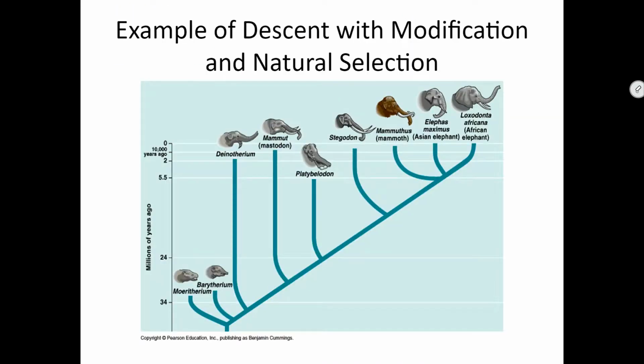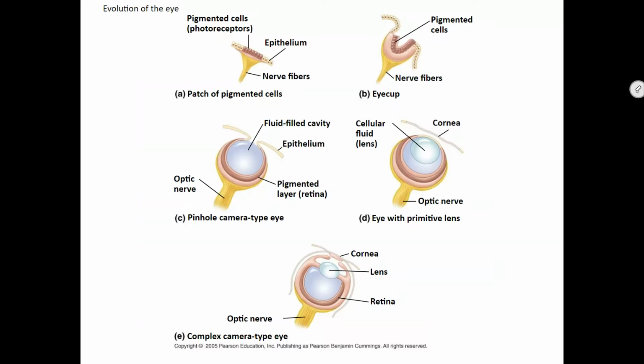All right. And so, real quick, talking about descent with modification, we need to deal with a specific part, and that has to do with the evolution of the eye, which is typically used as a way to describe how evolution works and how natural selection, particularly changes in the environment, cause these sorts of changes.